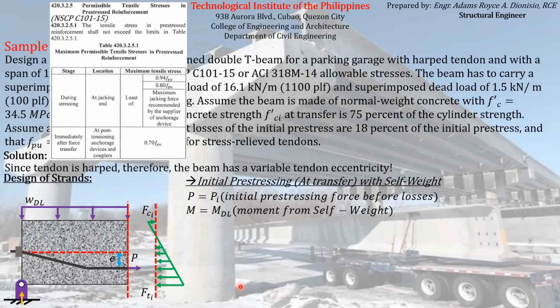So if you can remember, you will refer to NSCP C101-15, section 420.3.2.5. You will see this table which states the maximum tensile stress that can be experienced by the pre-stressing reinforcement at different stages during stressing and immediately after force transfer.